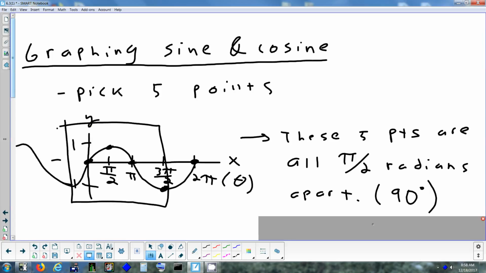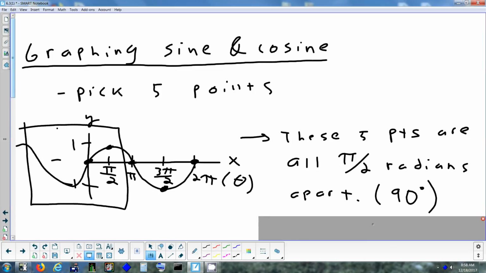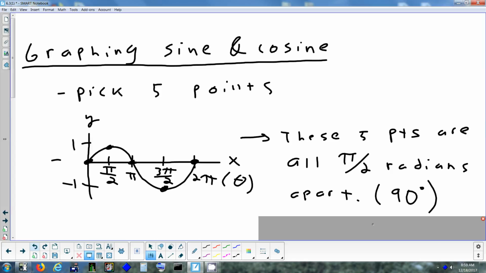So you could take that box and drag it anywhere you want, and what's inside it, you're always looking at one cycle. In this case, highest, lowest, back to highest. Generally, when you're asked to sketch one cycle or one period of the graph, we sketch the first positive cycle. Okay? There's nothing wrong with sketching a negative part of a cycle, but generally I'm going to sketch the first positive one.